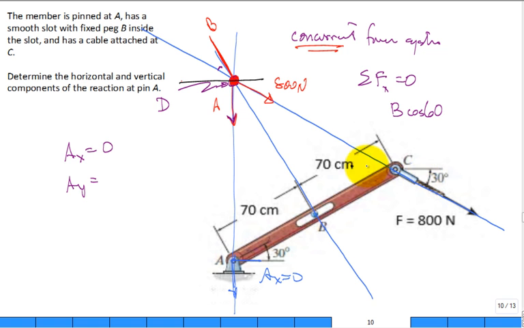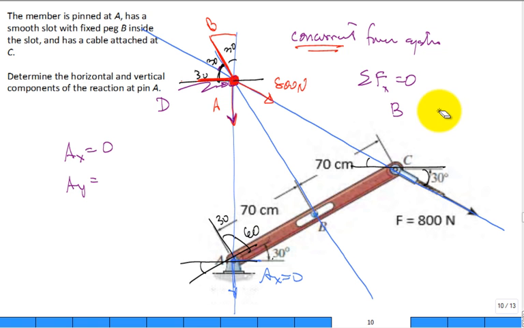Well, from this one, that's 30, that's 30, that's 30. This is 30, that's 60. Oh, that's right. This right here is 30. This is 30. That means that's 30. That means that's 60. So then I get the component B in the X using the cosine of 60.